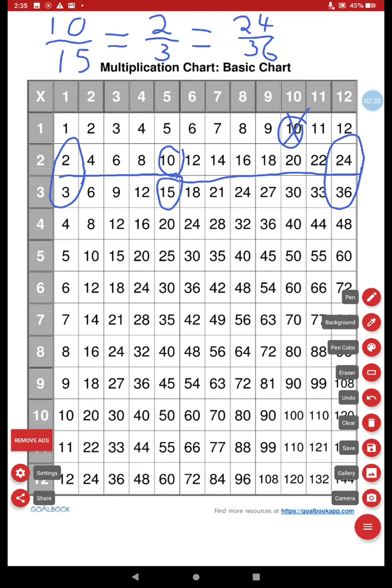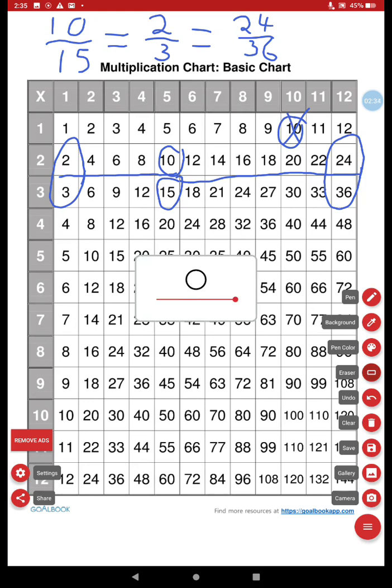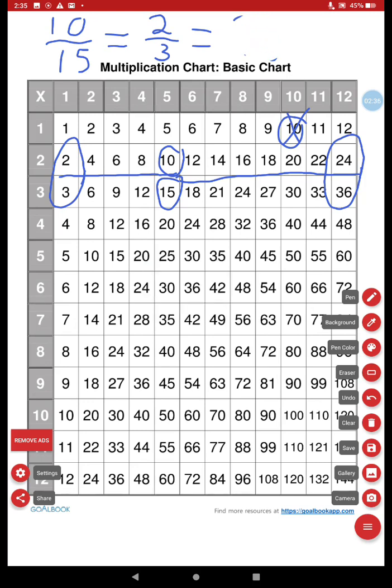Well, what if they're not touching each other like that? Well, here's what I can do. If they're not touching each other, let's say I've got a fraction like 10/22.